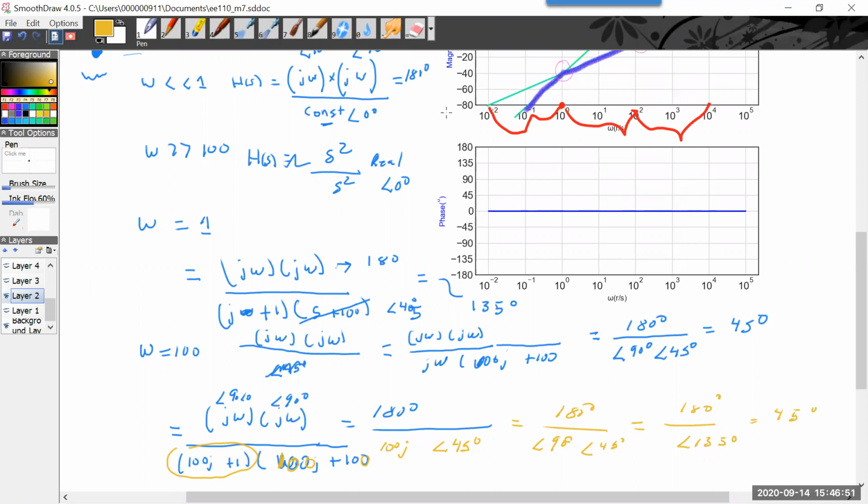So it's really good just to put in some points and then draw it in. We know that when we're a lot bigger than 100, the phase goes to 0, and that's 10 times. The phase is 180 when we're a lot less than the first pole, which is 10 times less than that.